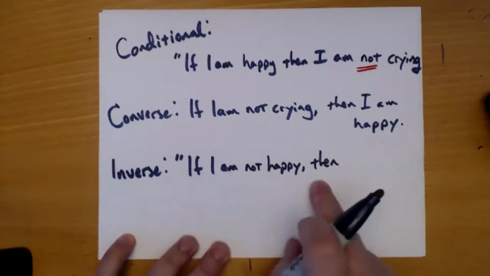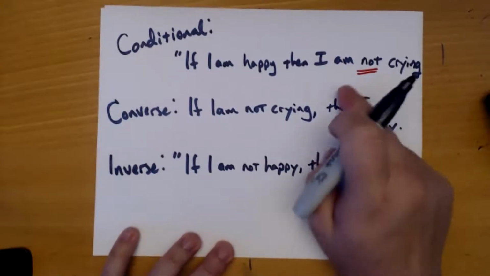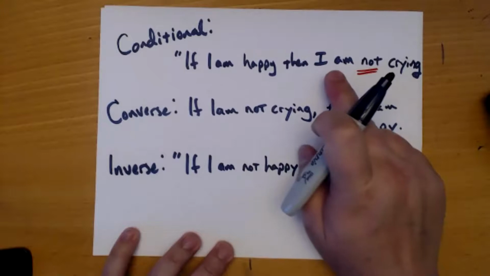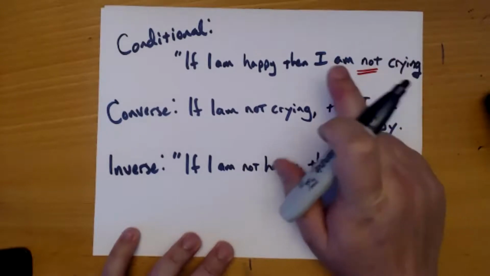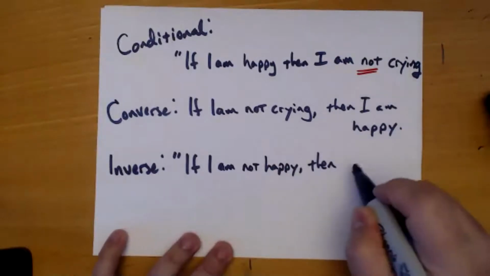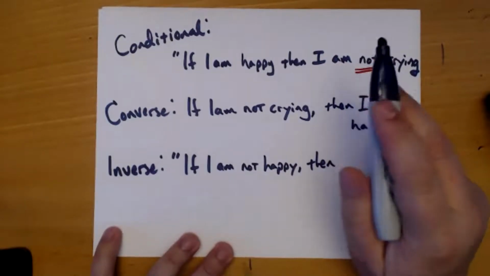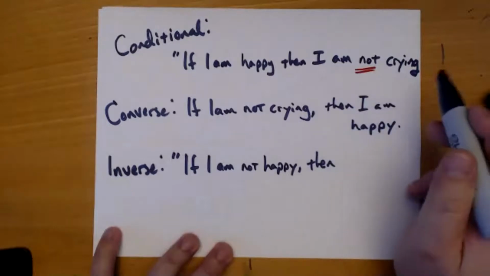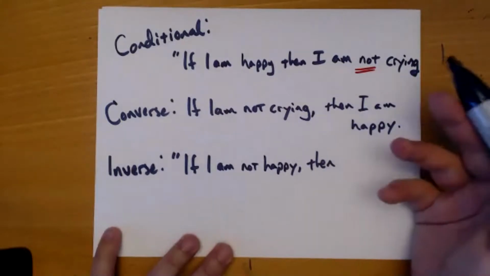The if and the then are always going to be there. Now, how do I write the negation of that? I'm crying. Yes, you are crying, because if you are not crying, then you are crying.